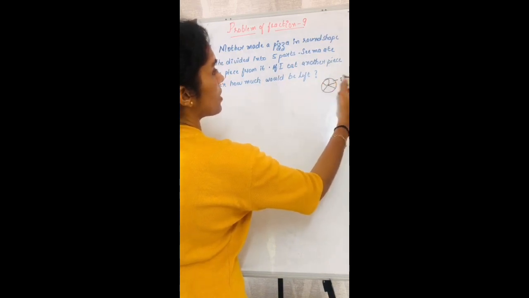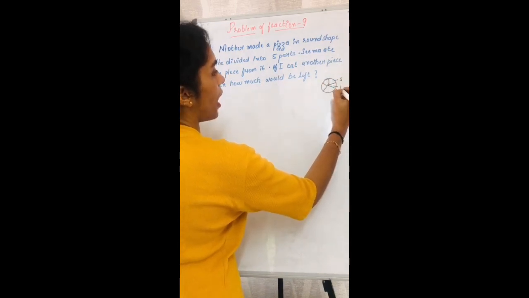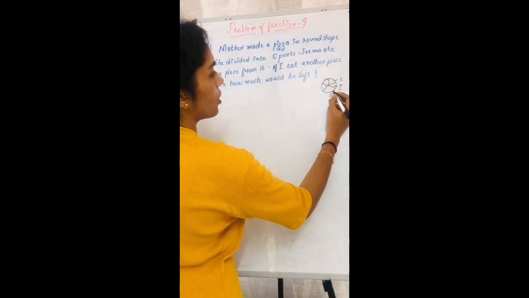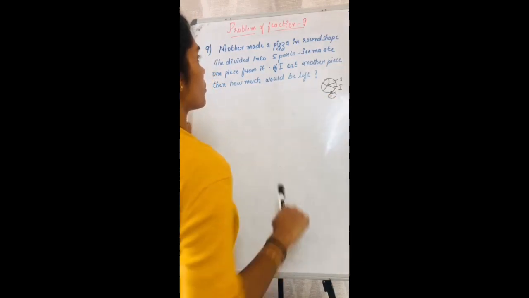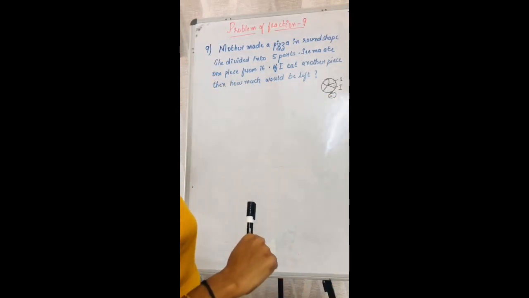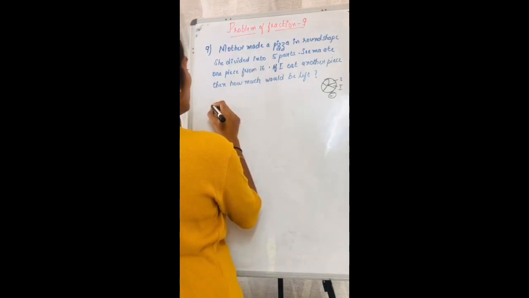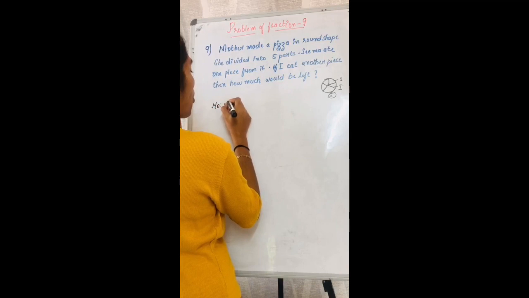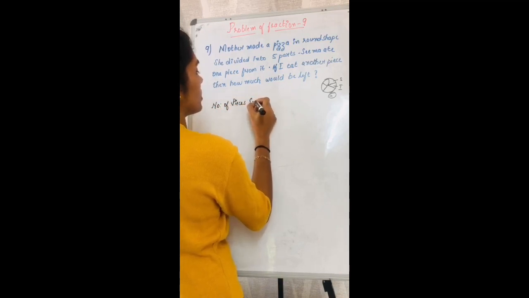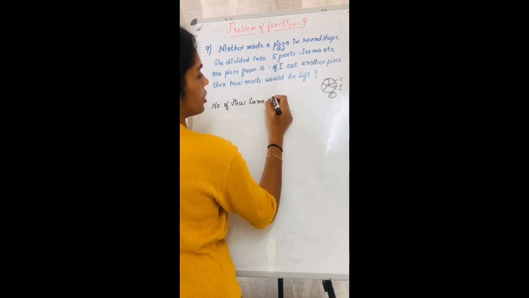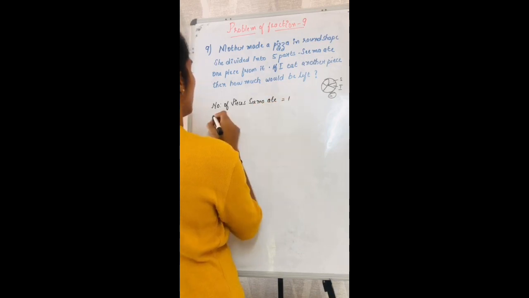So one part Seema ate. The other part I ate. Now we have got 5 pieces, right? So now let's quote our sentence. We are talking about the pieces. So number of pieces Seema ate. What is that? 1.